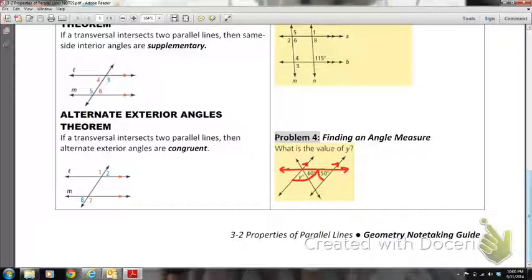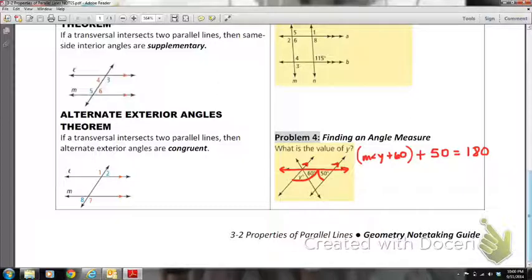So let's look at how we set this up. So we have the measure of angle y plus 60. That's one angle together, plus the other angle that's supplementary to that is 50. That equals 180.